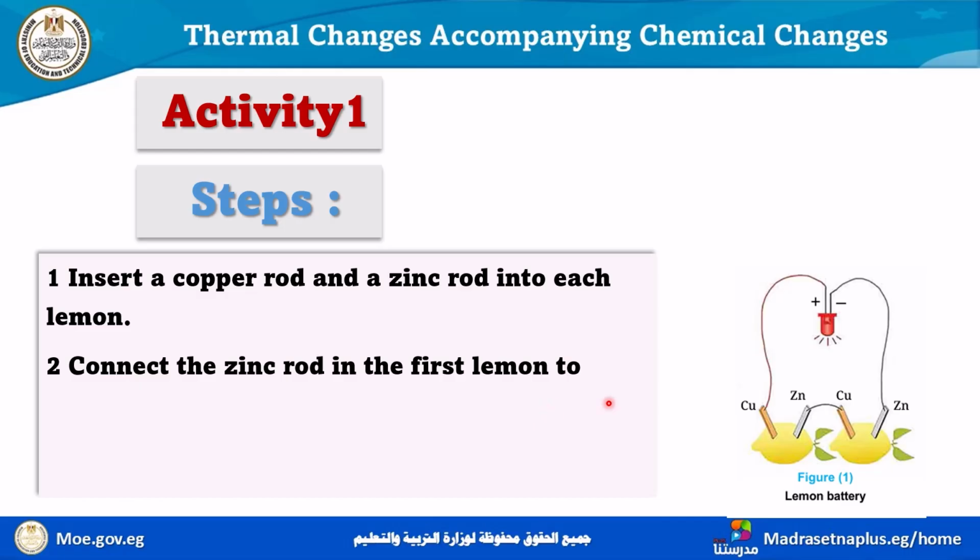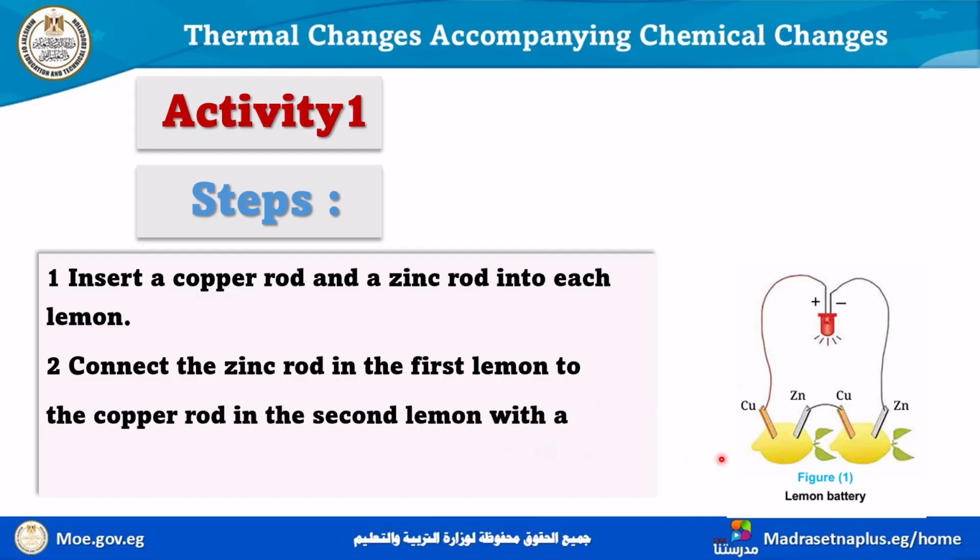Connect the zinc rod in the first lemon to the copper rod in the second lemon with a connecting wire. So our first step: we will bring the two lemons and insert a copper rod and a zinc rod in each one of them.